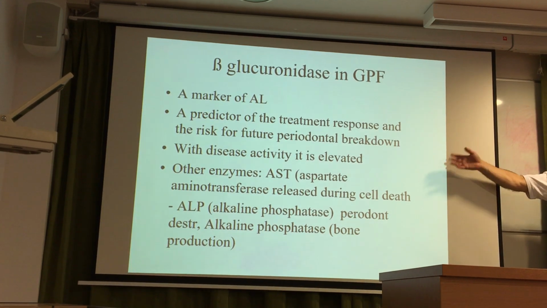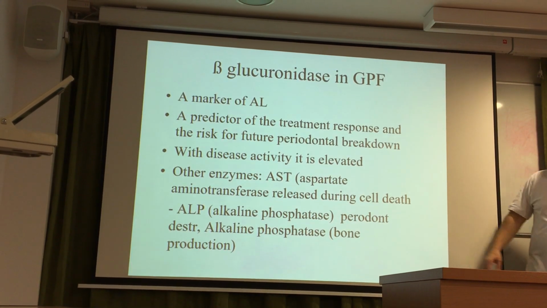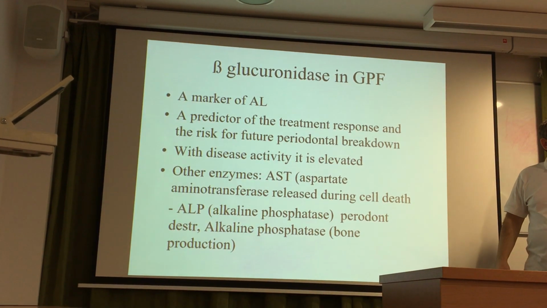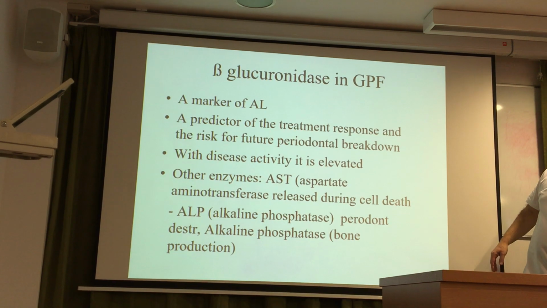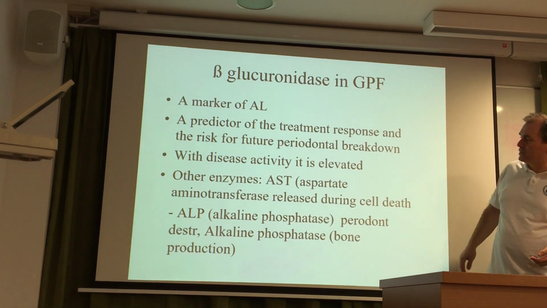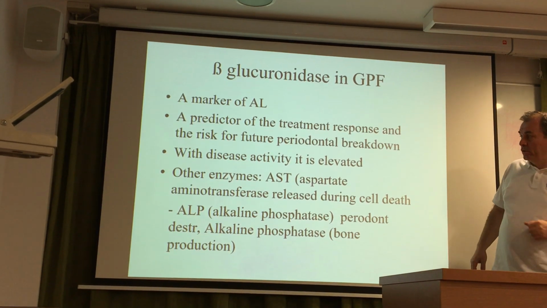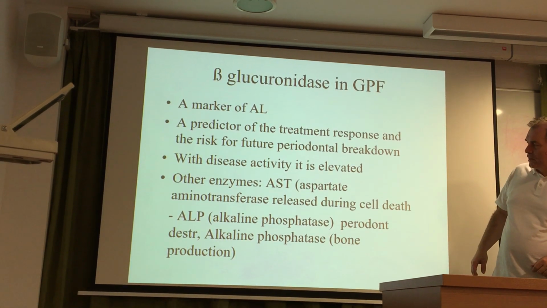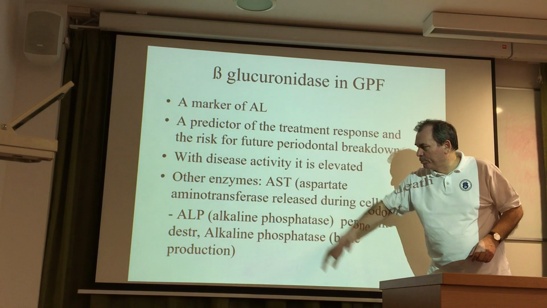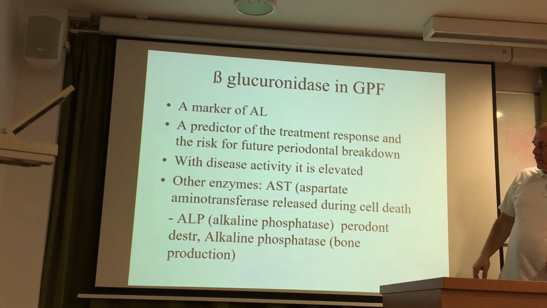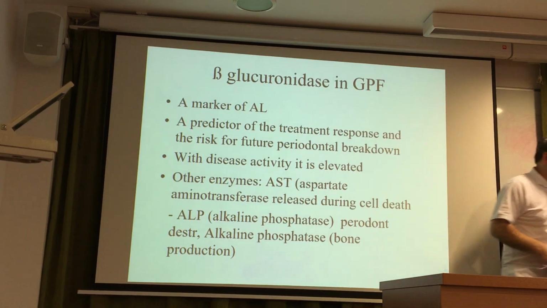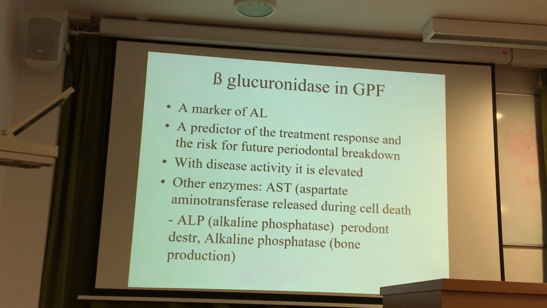But these evaluations or laboratory tests may help you to tell whether the disease is active or not. So we have other enzymes as well, reflecting the bone and tissue destruction. For example, alkaline phosphatase is a good indicator of bone changes.